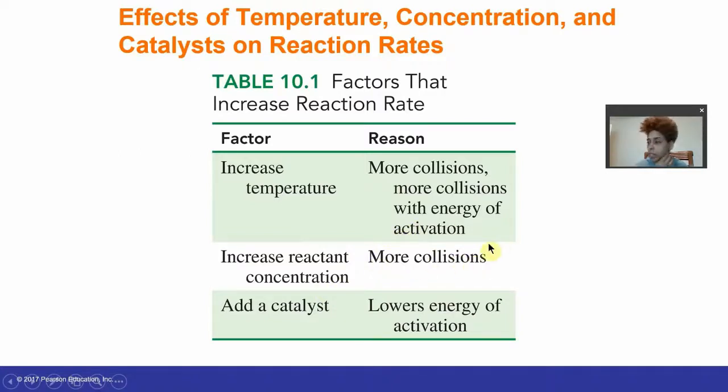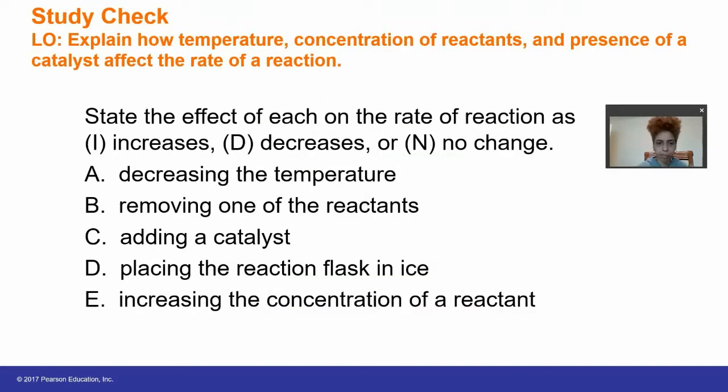So with more molecules, it's more likely that they're going to bump into each other more often. Adding a catalyst now just simply lowers the activation energy to allow the reaction to react much faster. Now, I know that I'm saying molecules, but we're talking about any type of chemical reaction here, including those with aqueous solutions, aqueous ionic solutions.